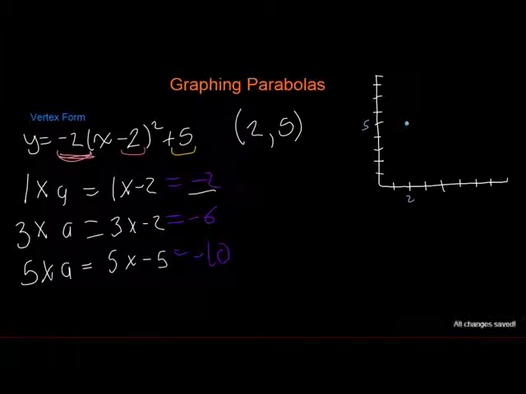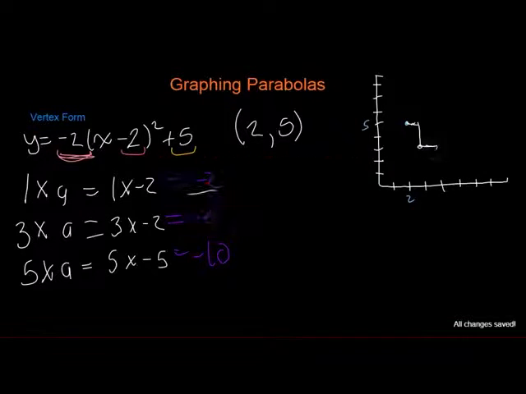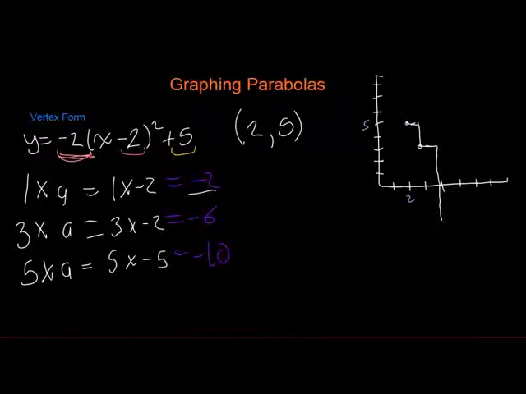So let's do that. So you go right 1 and down 2, which will bring us here. And then the next one is you go right 1 and down 6. So that's going to be 1, 2, 3, 4, 5, 6. So that's going to be about here.